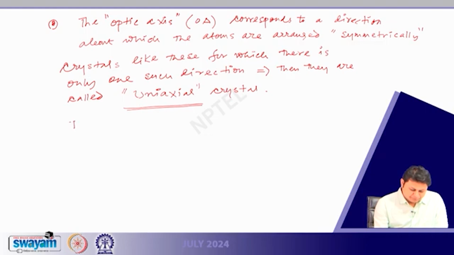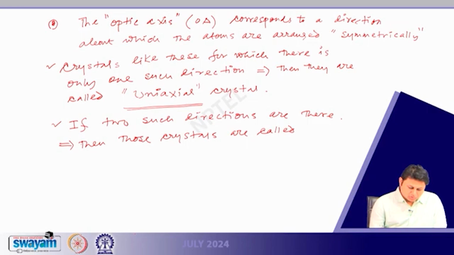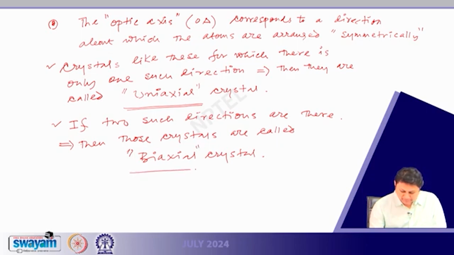Now, if two such directions are there, then those crystals are called biaxial crystals.